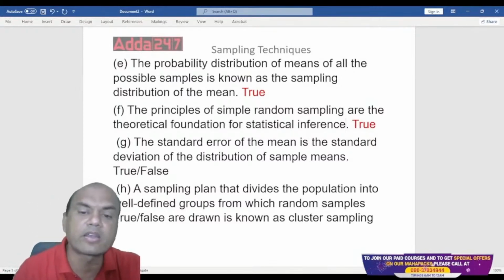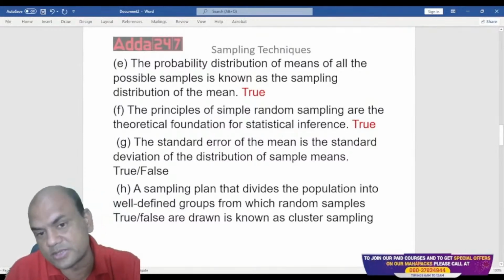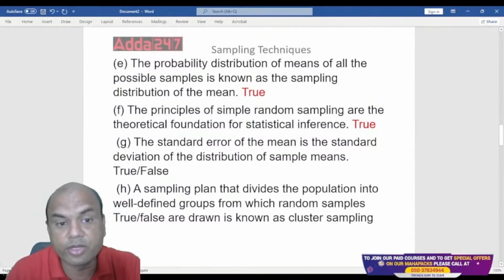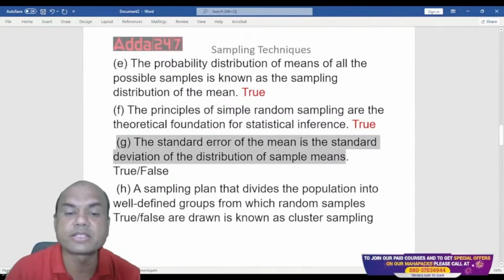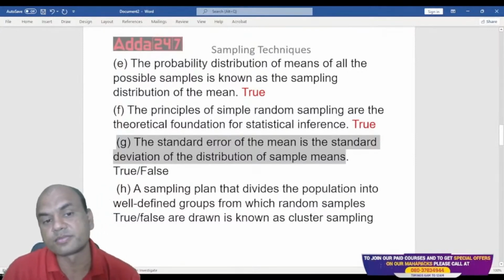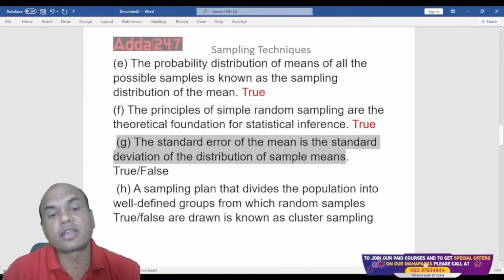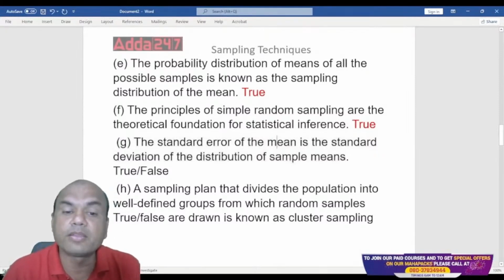Next one. The standard error of the mean is the standard deviation of the distribution of the sample means. Is this true or false? Here we are talking of the mean.